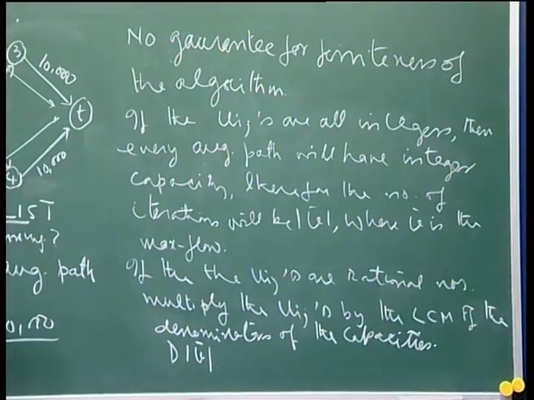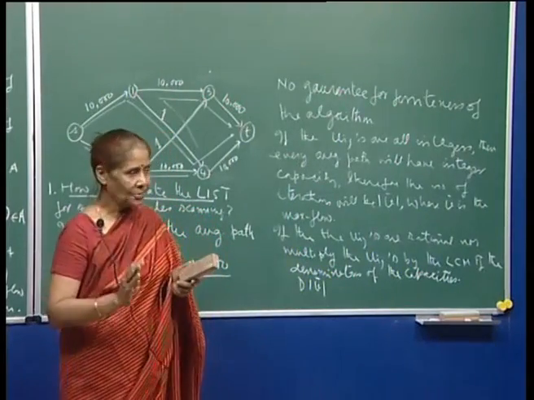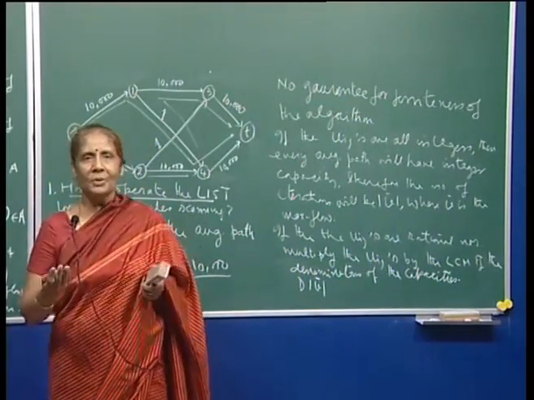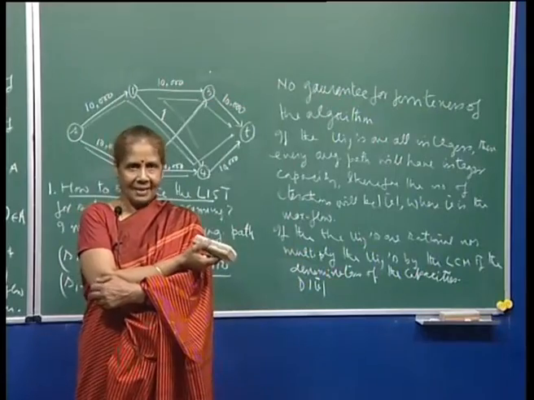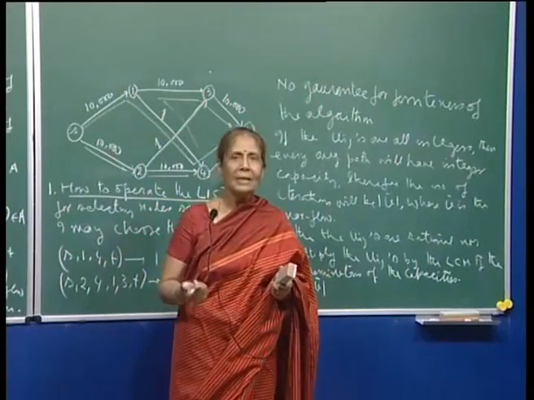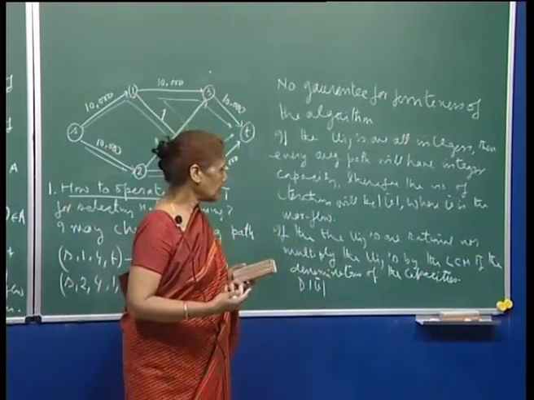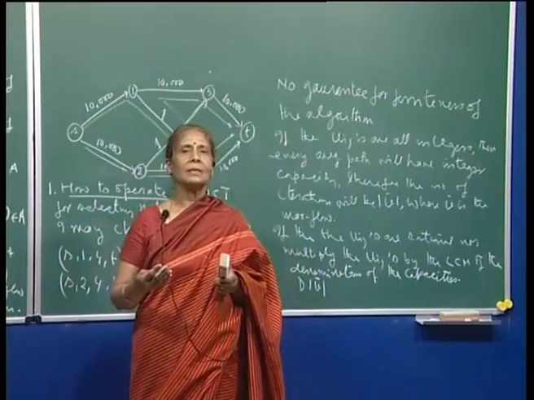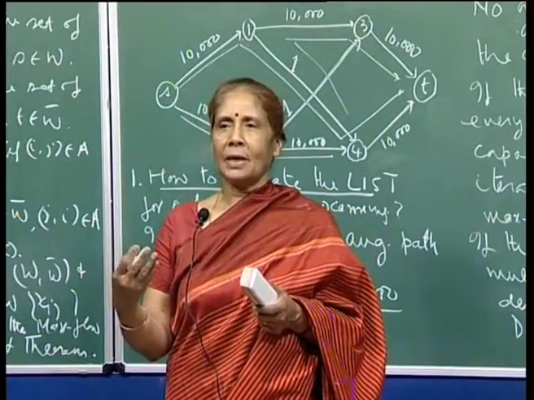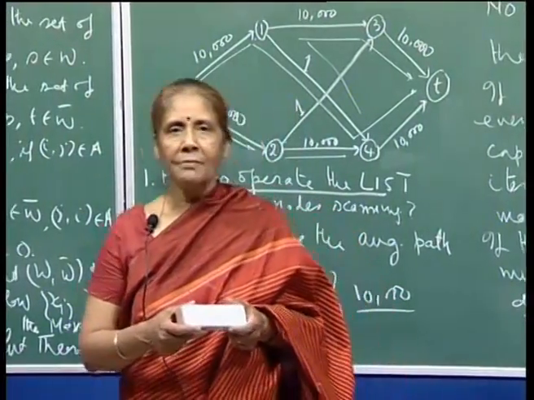So, this is fine, but if the capacities are not rational numbers, they are real numbers, irrational numbers, which normally in physical life you are not going to have, so that is only for the sake of mathematical completeness. In case some of the capacities are irrational numbers, Ford and Fulkerson actually worked out an example, and they showed that the algorithm will not terminate, because an irrational number can be written as an infinite decimal.